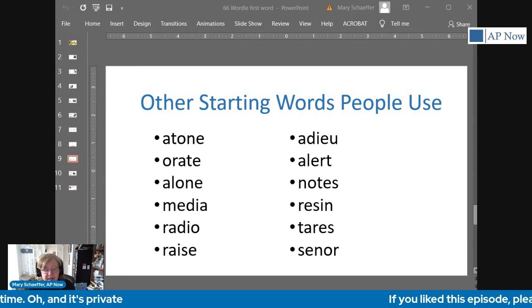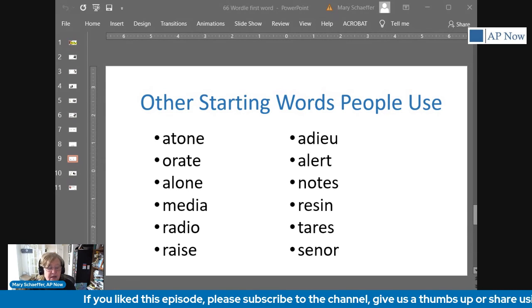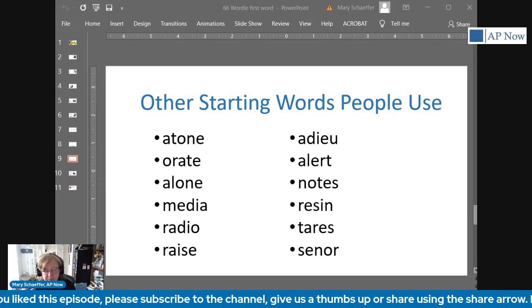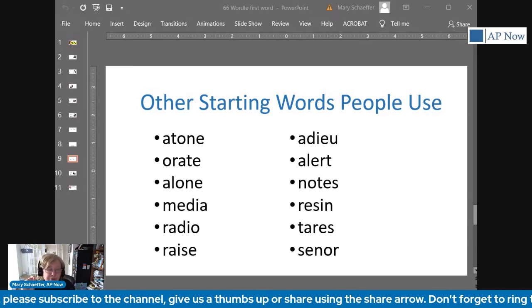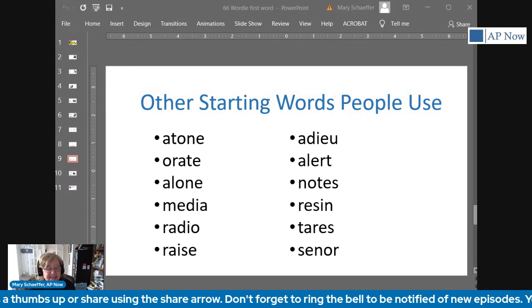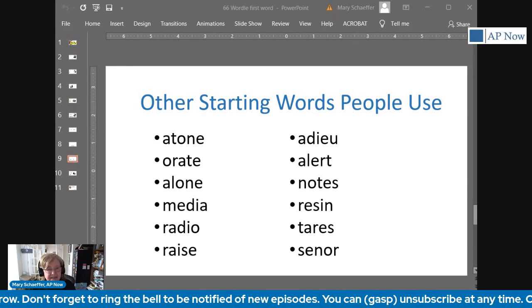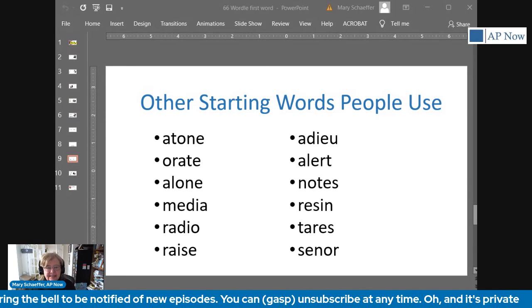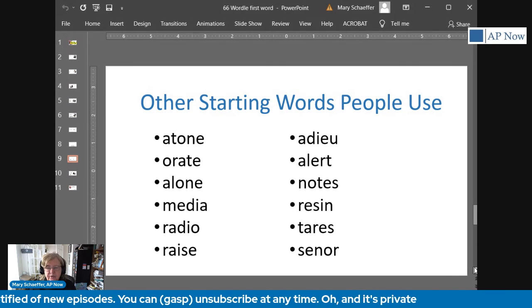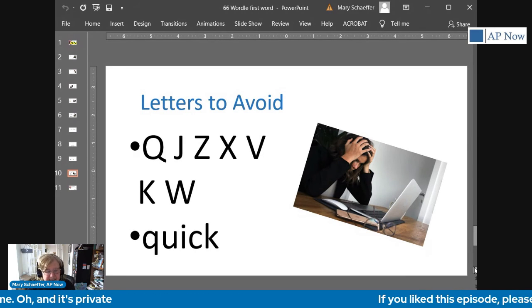Now, I promised we were going to talk about the worst words before we sign off. So let's do that. The worst letters, or rather the least common letters in the alphabet, according to the research that I read, and you can probably figure these out yourself: Q, J, Z, X, V, K, W. And the least common vowel, as I think I've already shared with you, is U. So we want to avoid starting with words that have these in them.